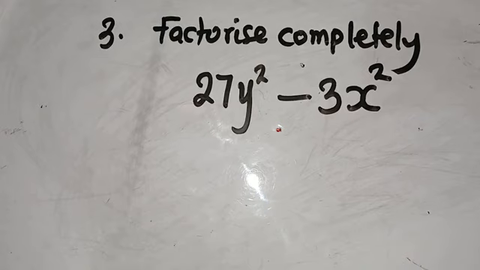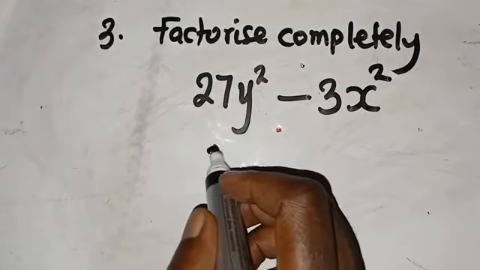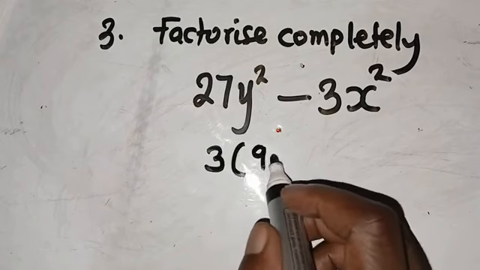So you would see that here we could use a difference of two squares, but before that we need to use the common factor method, where we are going to factorize 3. When you factorize 3, here you remain with 9.